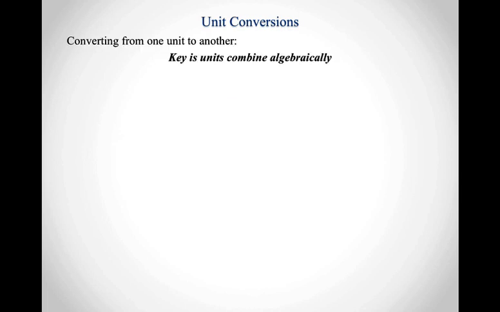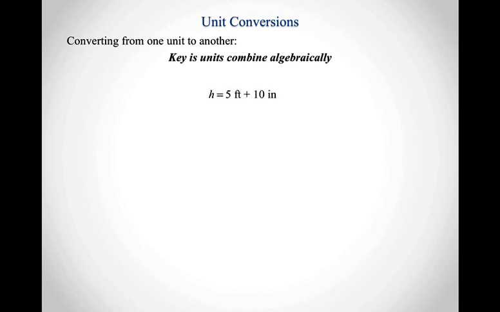So the key for converting from one unit to another is that units combine algebraically. Again, like we talked about before, units follow the rules of algebra. So that means that I know when I can get units to cancel, when I'm going to multiply units together, right? And so that's the thing that we're really going to fundamentally try and take care of.